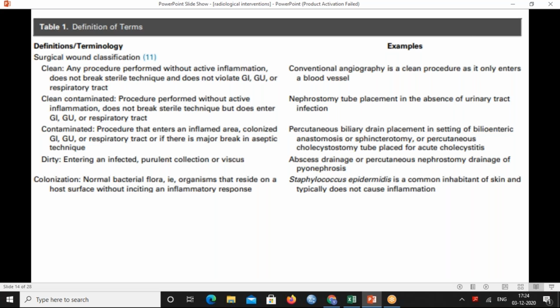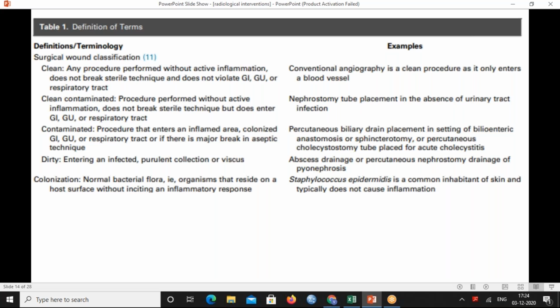If the wound is clean, clean contaminated, contaminated or dirty, they have decided whether the prophylactic antibiotic should be given or not. A clean wound is any wound where the procedure is performed without active inflammation, there is no breach in sterile technique, and it does not violate the GI, genitourinary or respiratory tract, like conventional angiography.